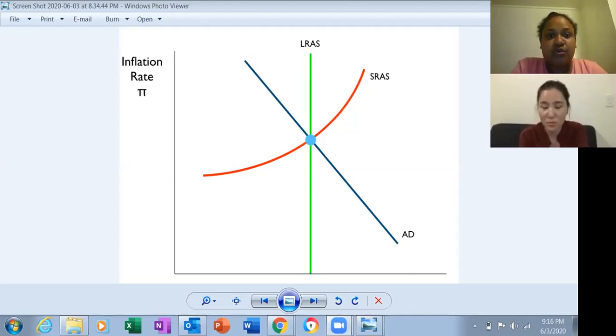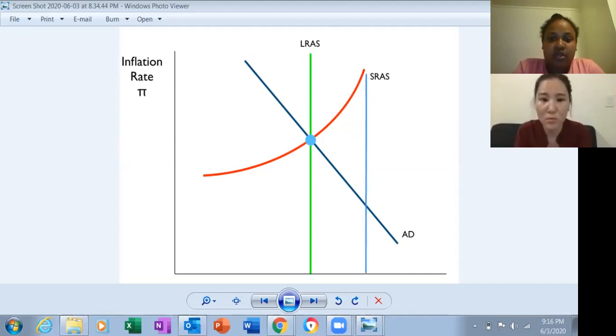So I'm gonna show you a little bit about how it works. Since it's a positive shock, it shifts to the right. So it will move right here.